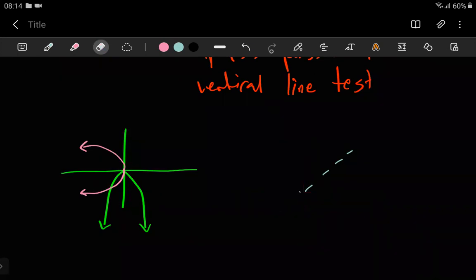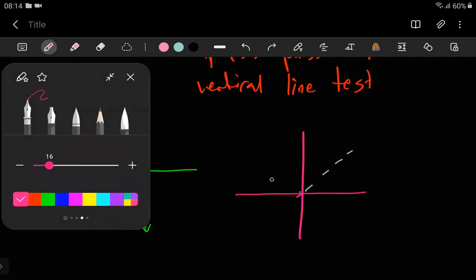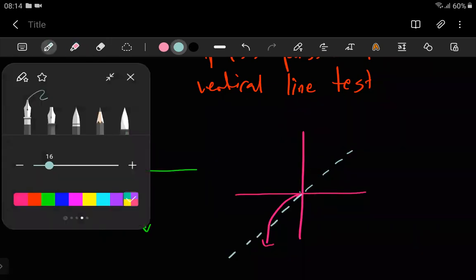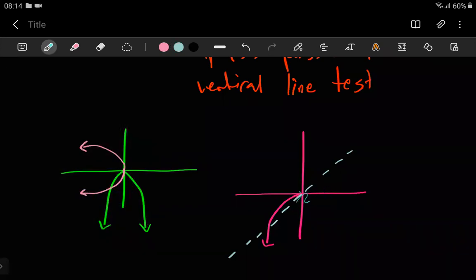I'm just trying to draw this a bit nicer. So if this is your line of inverse, your line of inverse looks like this. Automatically, if you want to draw the inverse of this graph, you already want to think, okay, there's this tiny part here on the one side, so you're going to have a tiny part here as well.